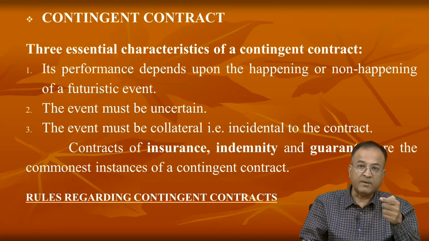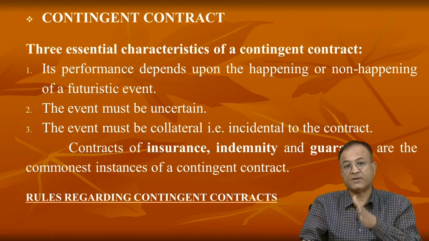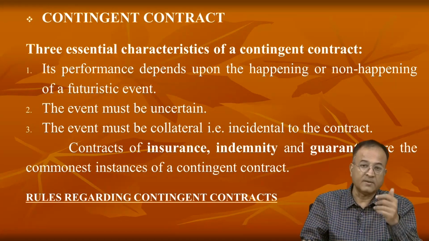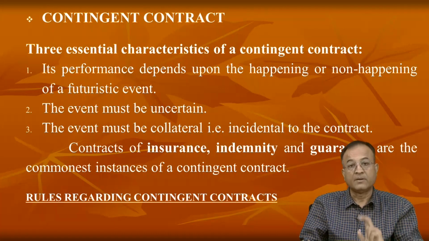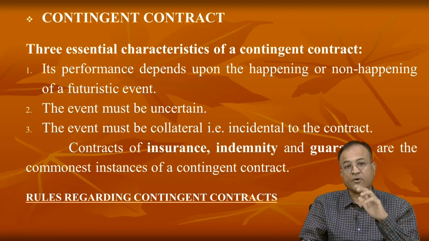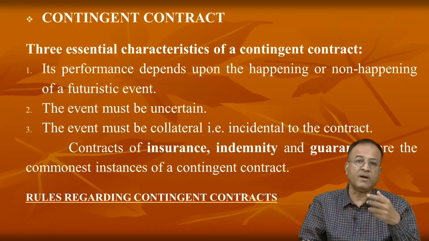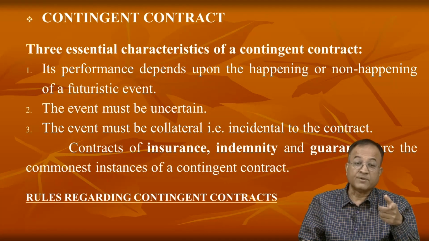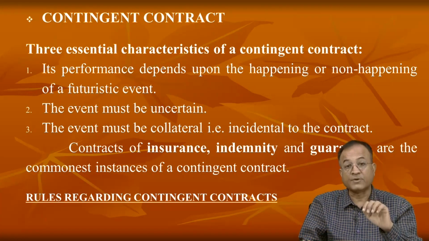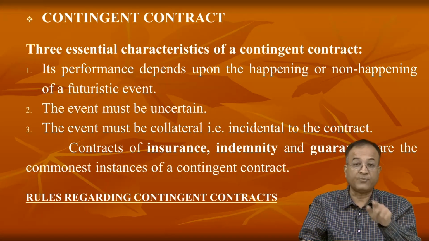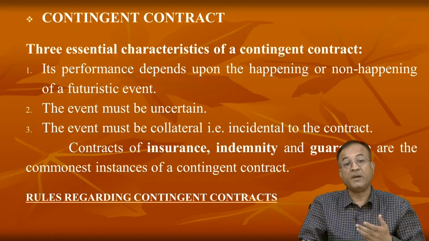If the event becomes impossible, such contract becomes void. Section 32. Second, where a contingent contract is to be performed if a particular event does not happen, its performance could be enforced when the happening of the event becomes impossible. Section 33.